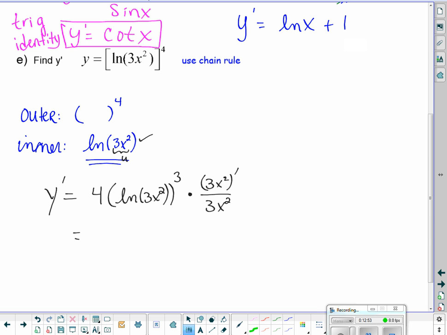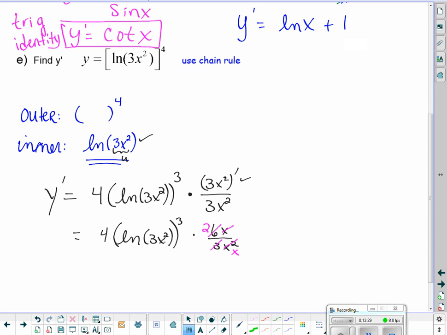So my next line, I'm going to make this 4 natural log of 3x squared. And you know what? You really do need this extra set of parentheses to show that it's the natural log cubed and not 3x squared cubed. Derivative of the top of this would be 6x sitting over 3x squared, which will simplify. 3 goes into 6 twice. x goes into x squared x times.